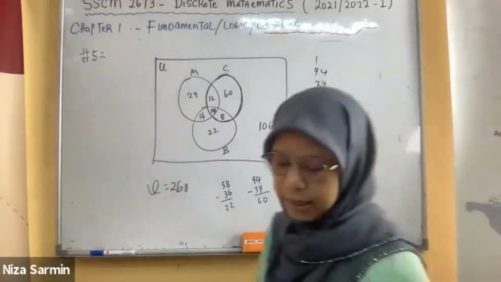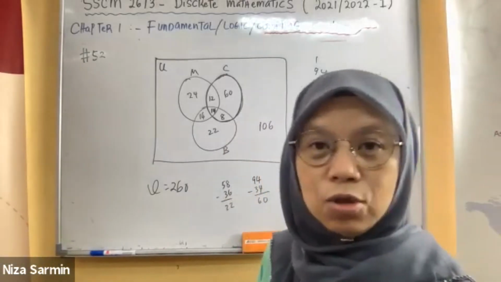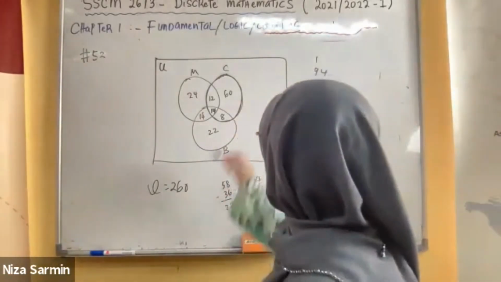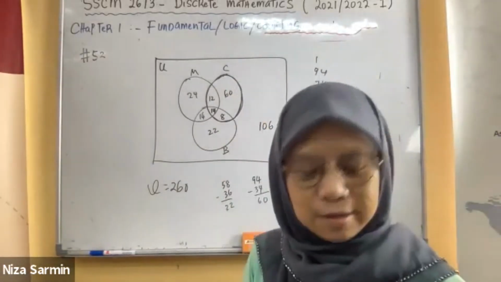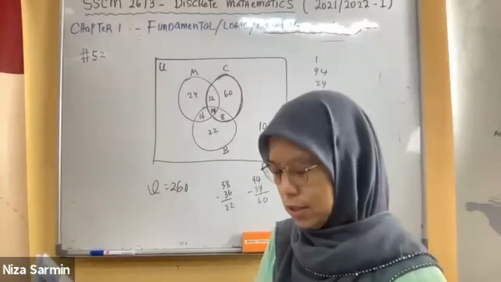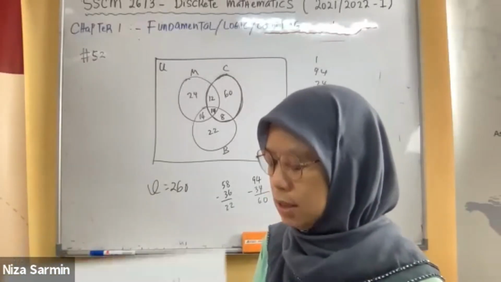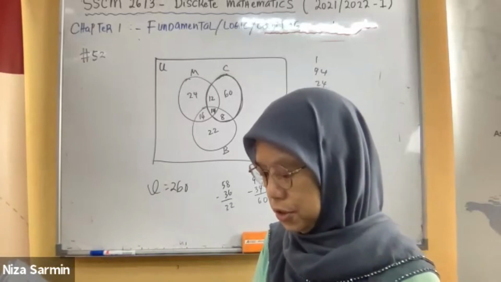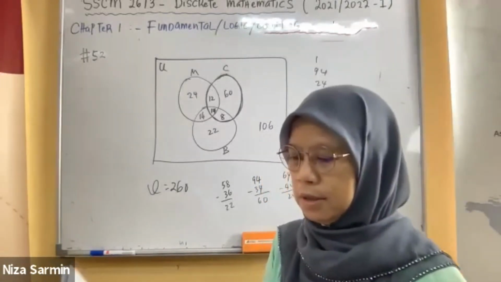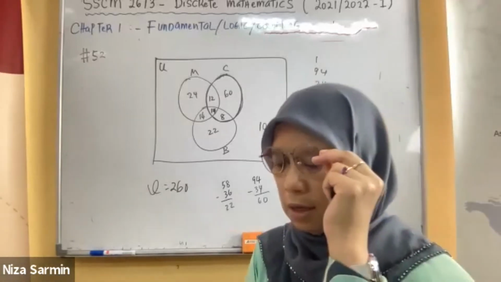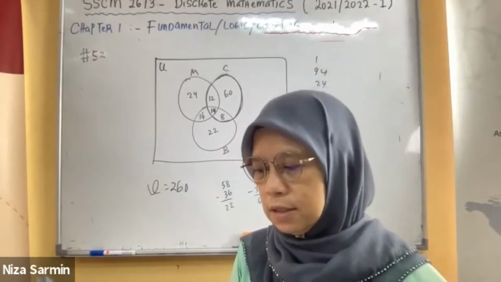All right, that is part A. Of the students surveyed, how many took only computer science? Only computer science will be 60, right? Okay, you can try number 53 about the games, and also number 54, subject.